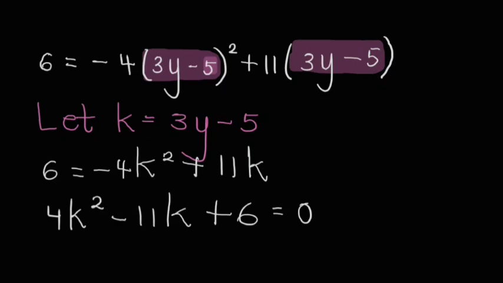Now the next step would be to factorize so that we can solve for k. But when we look at this trinomial, it is quite a complex trinomial. So I would actually advise you to use the quadratic formula. That would be a lot easier in order for you to solve for k.